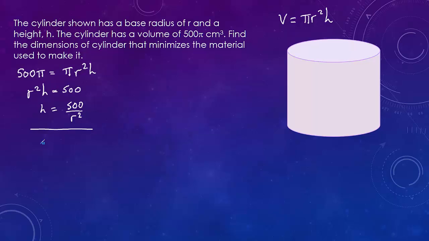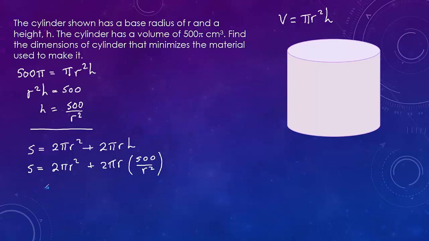Now, the surface area is the amount of material used. We've got two circles, a top and a bottom, so that's 2 lots of pi r squared. And then you've got the curved surface of a cylinder, which is 2 pi r h. Now, we can't differentiate at the moment because we've got two variables. But we know that the h can be replaced by 500 over r squared.